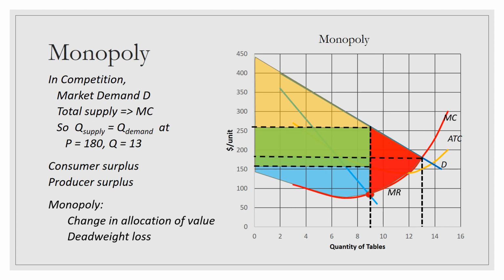That dead weight loss is a loss of efficiency, and the change in allocation then is a change in the social allocation of the benefits of creating these particular goods.